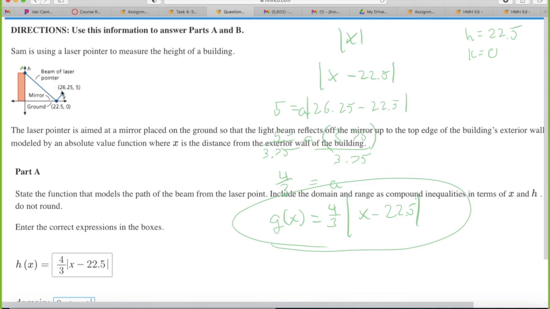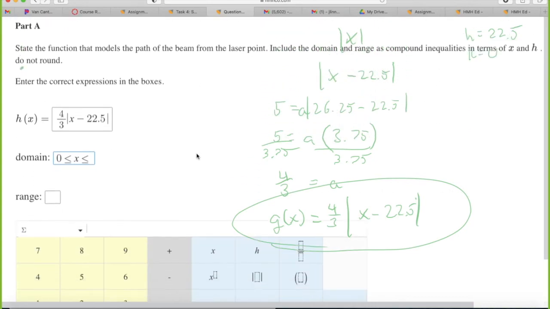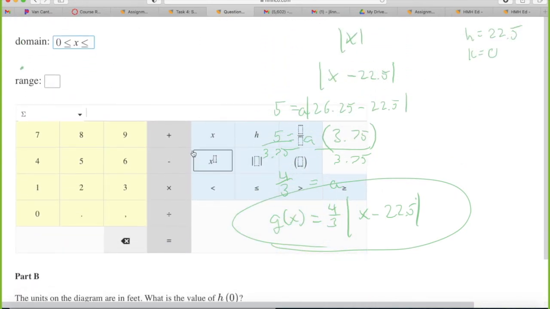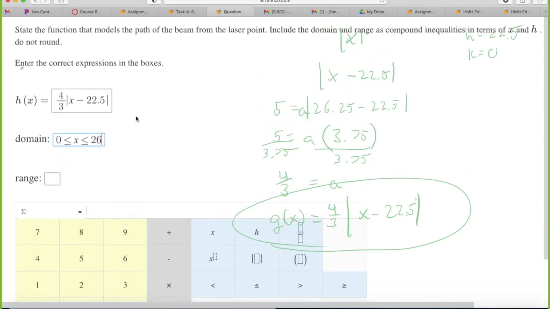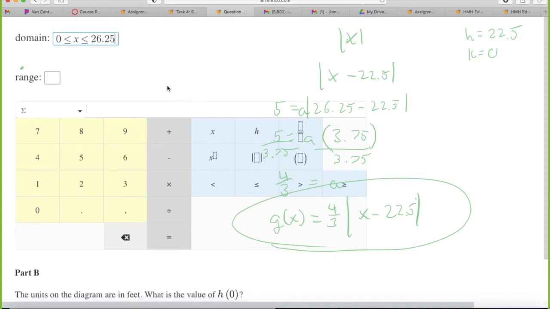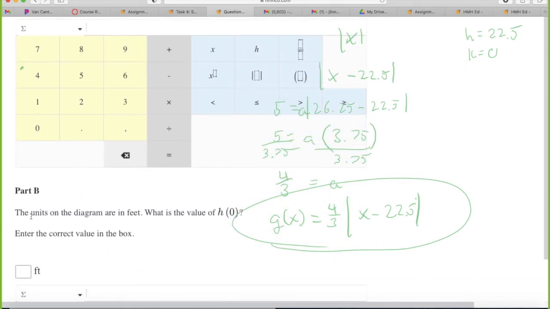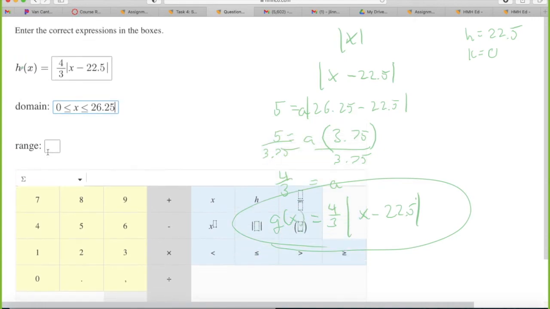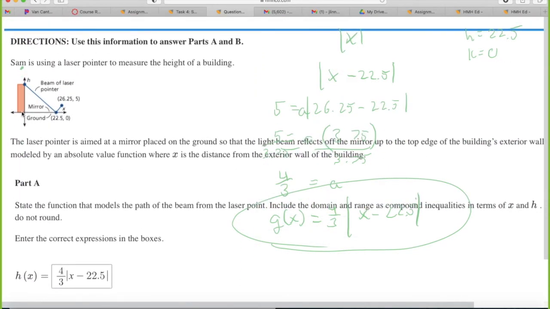And I'm getting that number from right here because that's the information that we have. Yeah. And then our range is, again, from 0 to h, whatever that is.